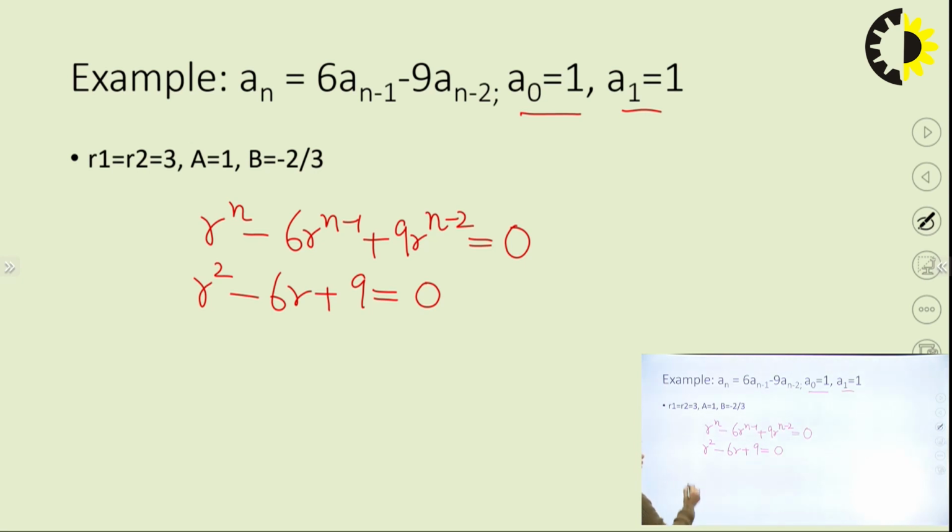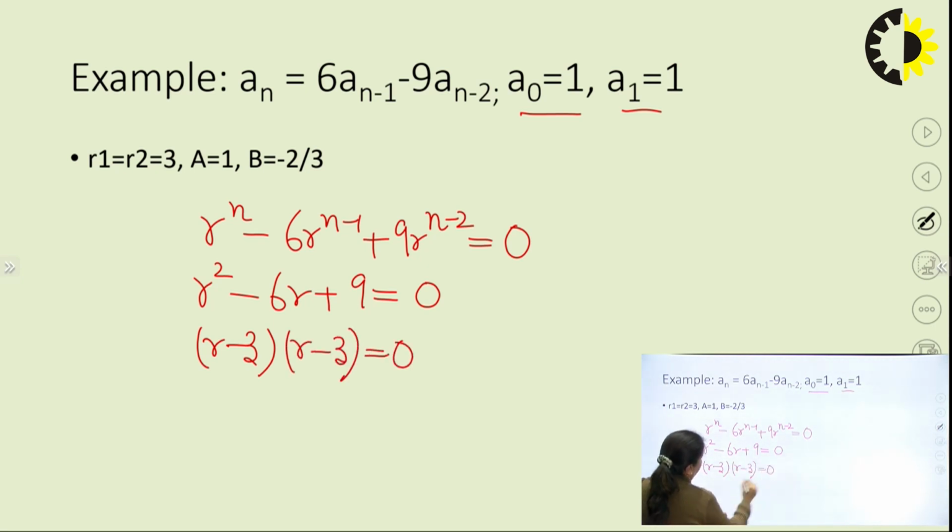Now when we solve this quadratic equation, I will get (r minus 3)^2 equal to 0. That means both the roots r1 and r2 are equal, and their value is 3.